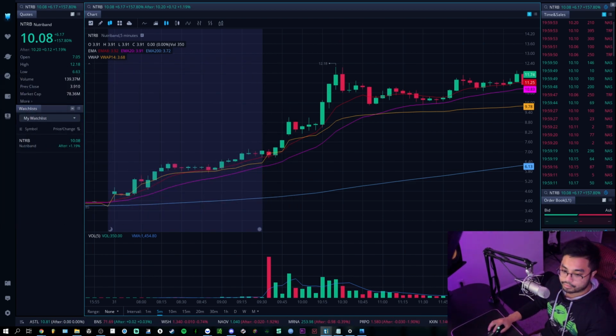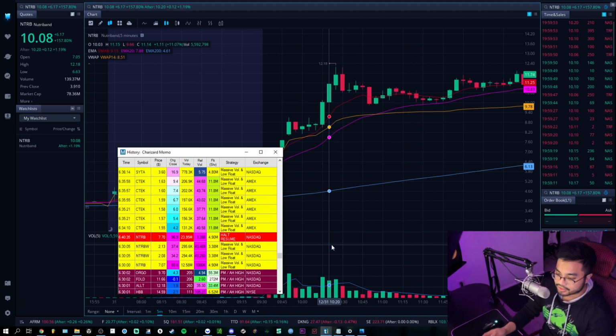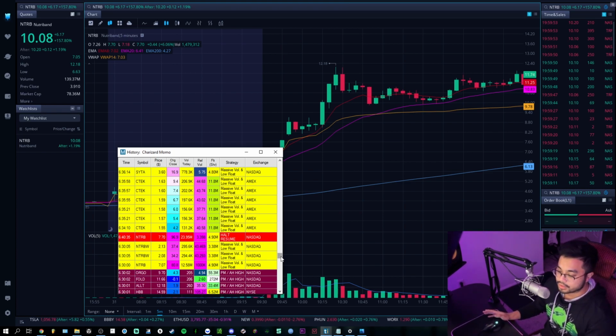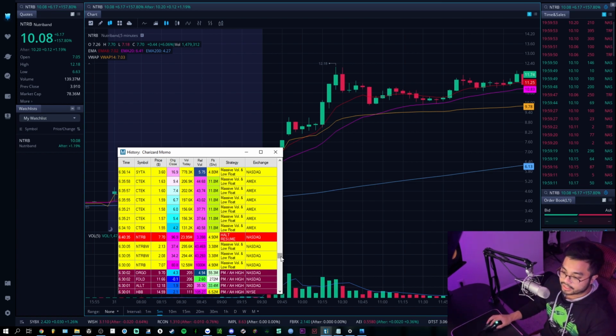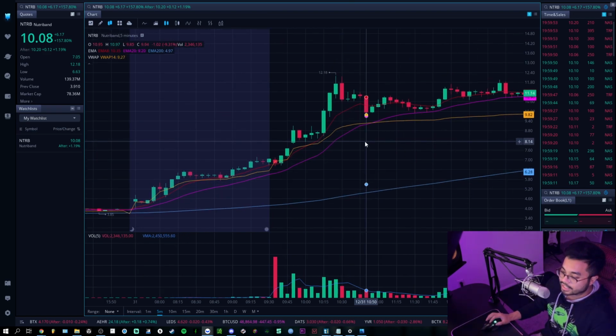And then we use the momentum scanner, the Charizard Momo, to see which stocks are making new highs of day and to see where volume is going in the market. And ideally, you would like to see a stock that has massive volume and low float. The reason being is that if a stock is low float, it's more volatile and has more range for price to move into. So that concludes my quick video.